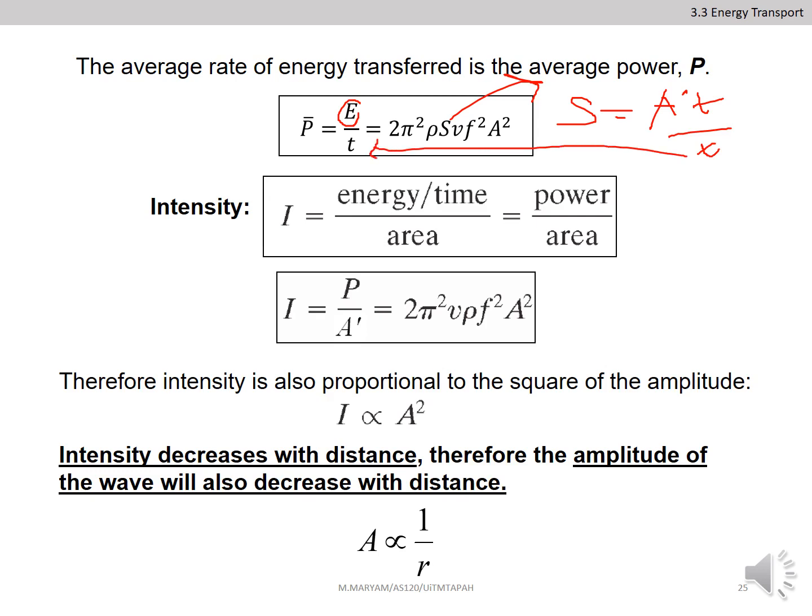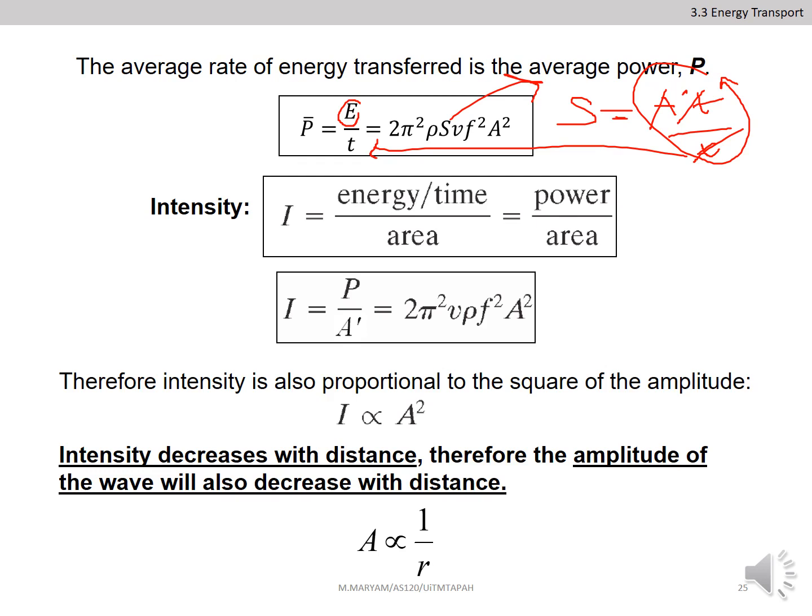I just focus on this because I want to show how S appears here. We cancel out the t, so only A prime is left. Then we replace A prime with S. That's why we got this equation.